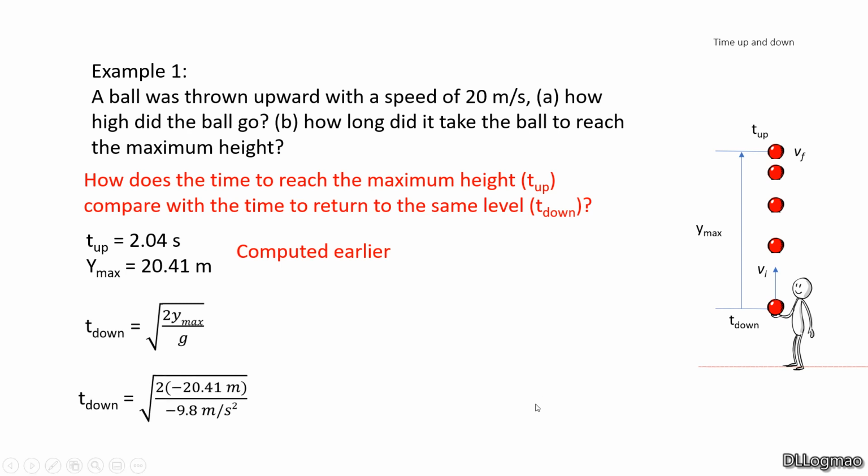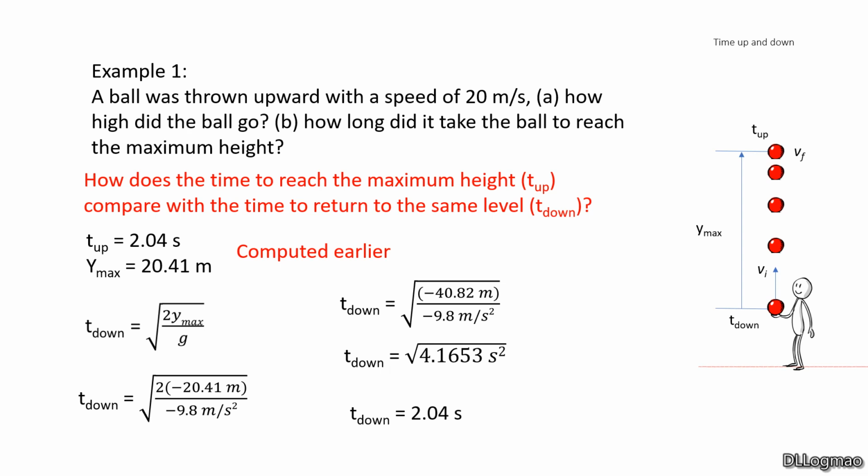Substitute the computed y sub max and the acceleration due to gravity. Perform the operations. And the time sub down is 2.04 seconds. Time sub up is equal to time sub down. This means the time elapsed for the ball to reach the maximum height is the same as the time for the ball to return to the same level.